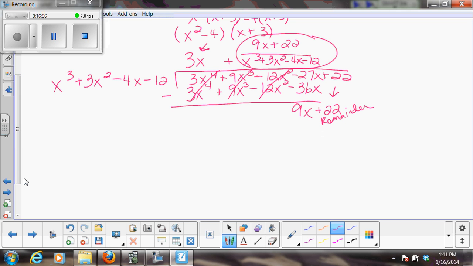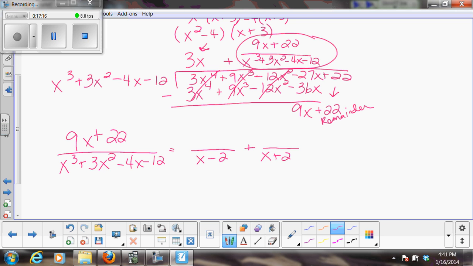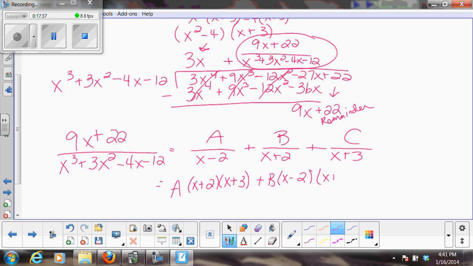All right. Well, I just factored it up above. They are all linear, so A, B, C on top. So A is missing the x plus 2 and the x plus 3. B is missing the x minus 2, x plus 3.